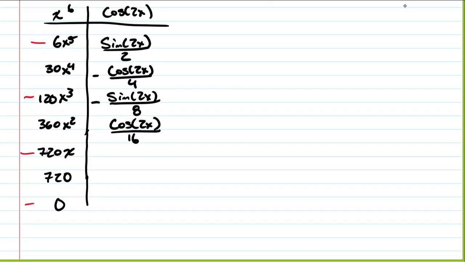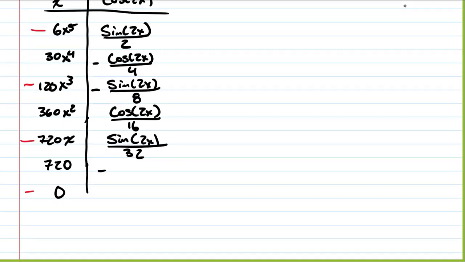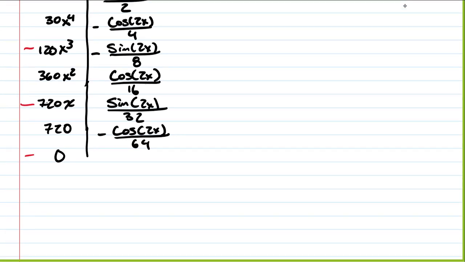Then sine 2x over 32, then negative cosine 2x over 64. One more, and the antiderivative of cosine is sine, so we get sine of 2x all over 128.